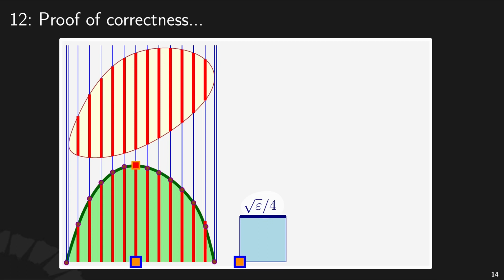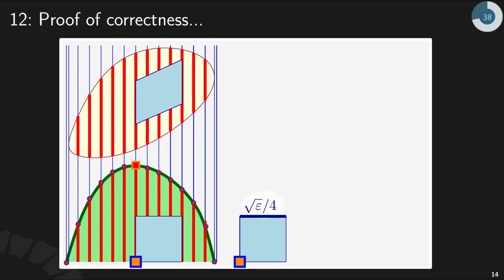And the basic idea is that this hill function, if you look at the roughest grid we have, which is hiding in the point set, which is this roughly square root epsilon by square root epsilon grid, then it cannot contain this square, because if it contains this square, you lift it back to the original shape, you get some kind of a parallelogram, and now it's easy to argue that it must contain one of the grid points in this rough grid, because this rough grid must intersect this trapezoid somewhere along the x-axis, and the length is long enough that it must stab one of the points.